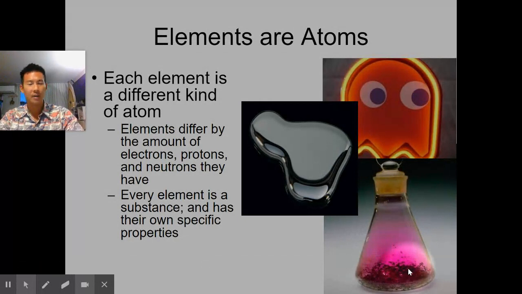So very, very unique properties here. Again, every different element gets its specific properties from the charges that the atom possesses.